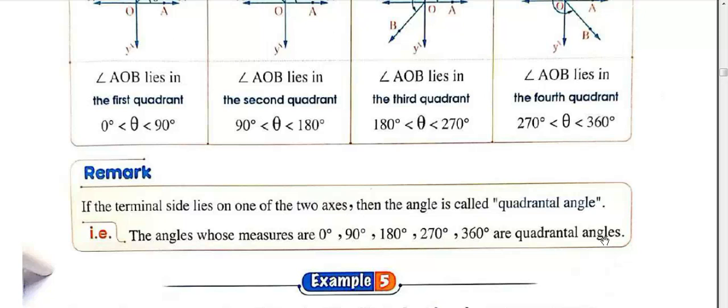You must keep in your mind this word: quadrantal angle.